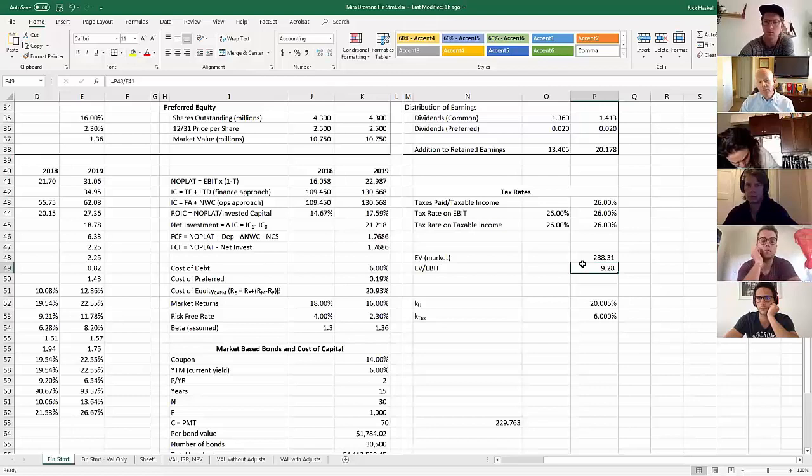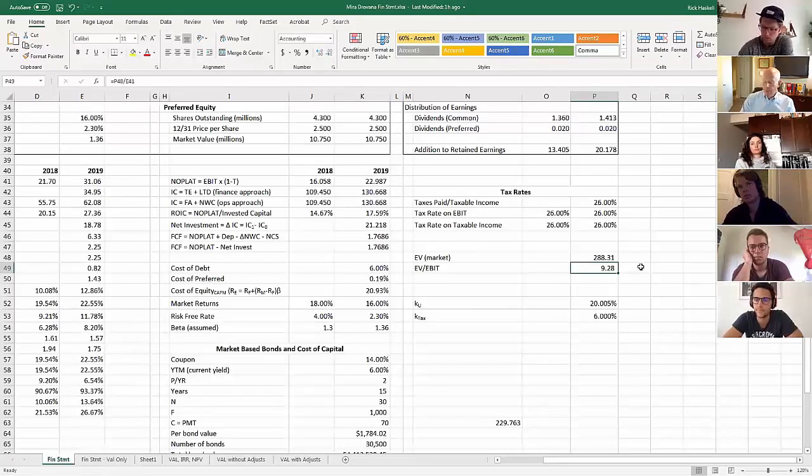And if I convince myself that I can get to the same point that Martin has gotten to with his company, maybe I can have an aspirational multiple. I know my company right now maybe only warrants a 9.28 times multiple, but I know that Martin's company, because of the information I have on it, maybe it warrants an 11 times multiple. So I can think about that aspirational multiple value.